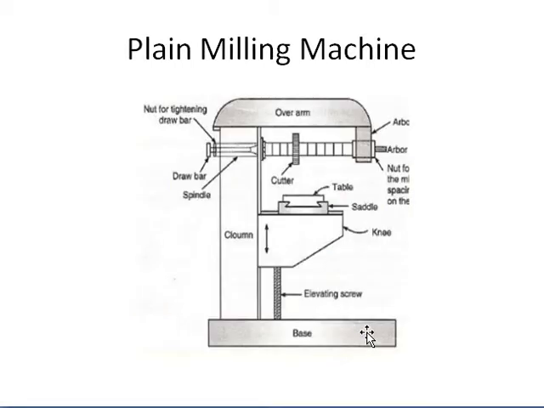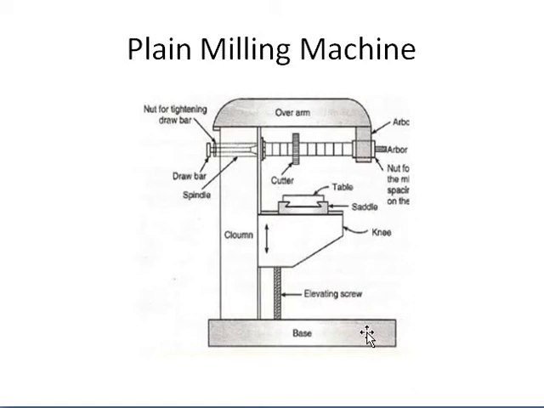Next we'll be dealing with the plain milling machine. This is used for supporting the saddle, work table and other accessories such as the indexing head. The knee is provided. The overarm provides support for the yoke, which supports the free end of the arbor.